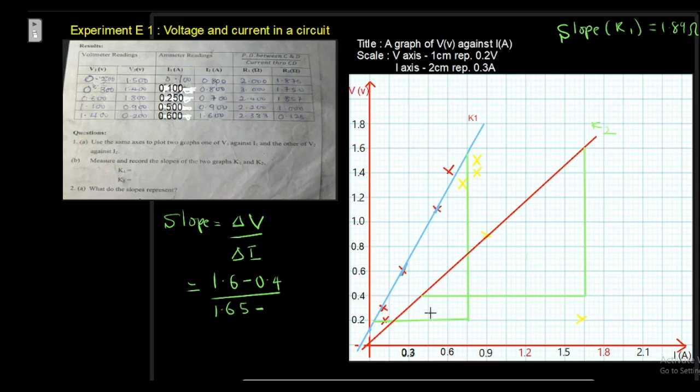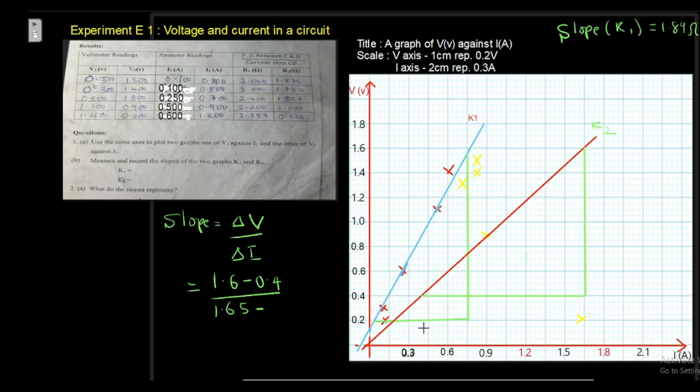Minus, now if you observe here, this point here is 0.3, this is 0.45. So the value here is 0.45 minus 0.0375. Remember, on the horizontal, each small thin line increases by 0.0375. So we have 0.45 minus 0.0375, and that is 0.4125.